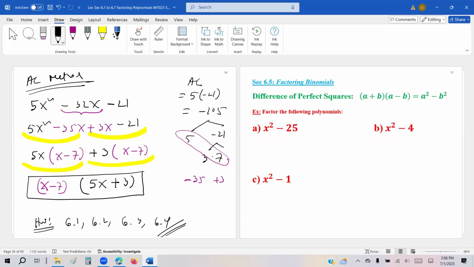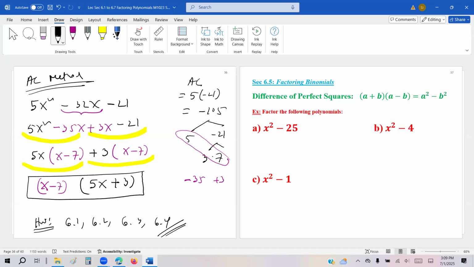Not grouping. Grouping is for 4 terms. Which method? Difference of perfect squares. A plus B, A minus B. When you have 2 terms, there are only 2 choices. Either you have a GCF to pull out, or you have perfect squares to work with.